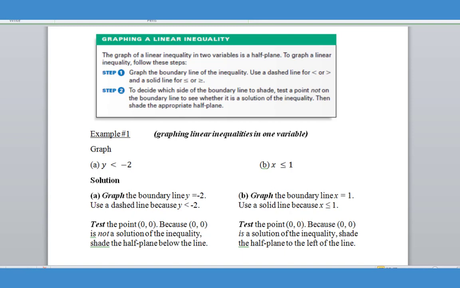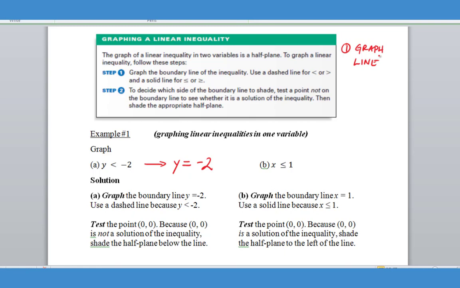Graphing a boundary line simply means taking that inequality and rewriting it as an equation, so we are now going to graph the line y equals -2. So you can see our first step, and this is where I'm going to start breaking it up into more detailed pieces: we're going to graph the line first.